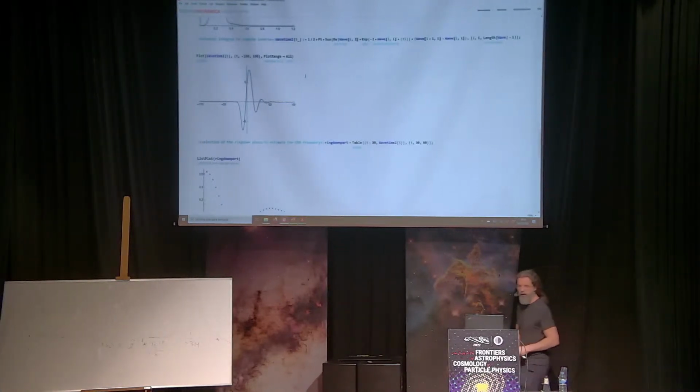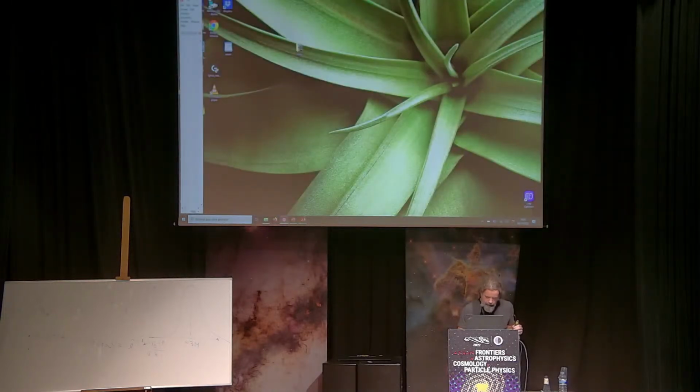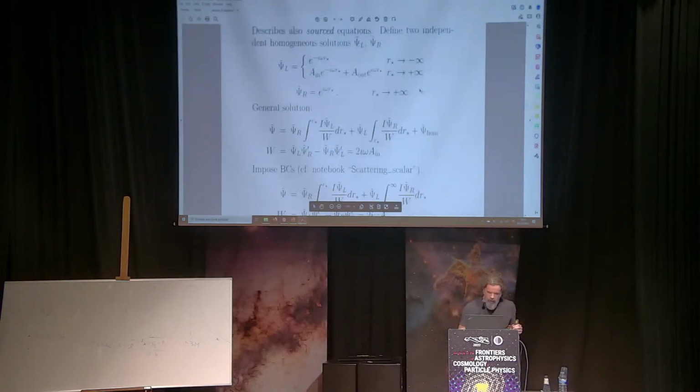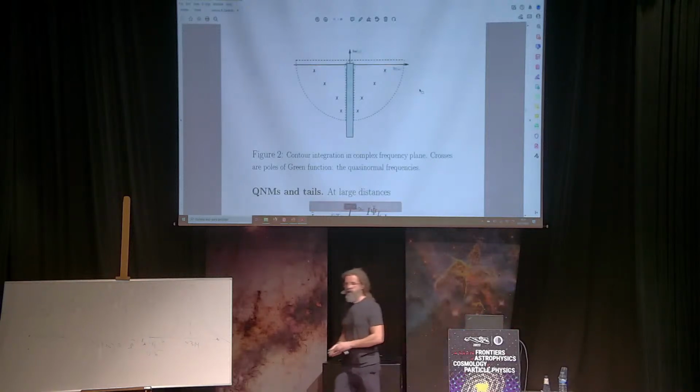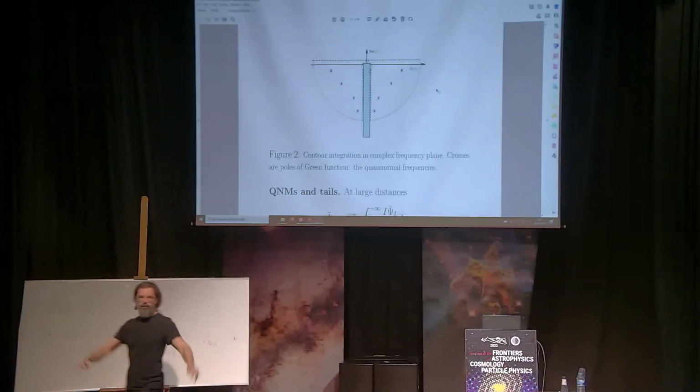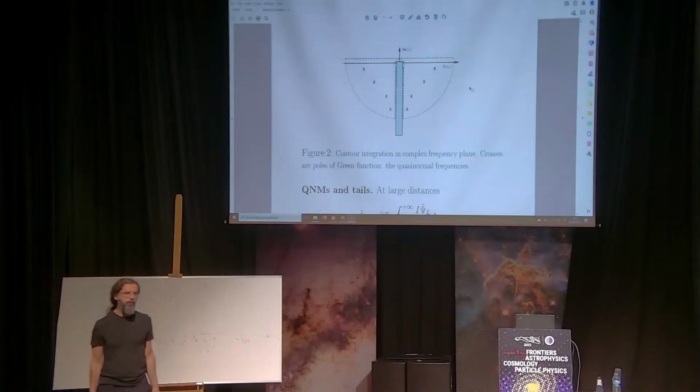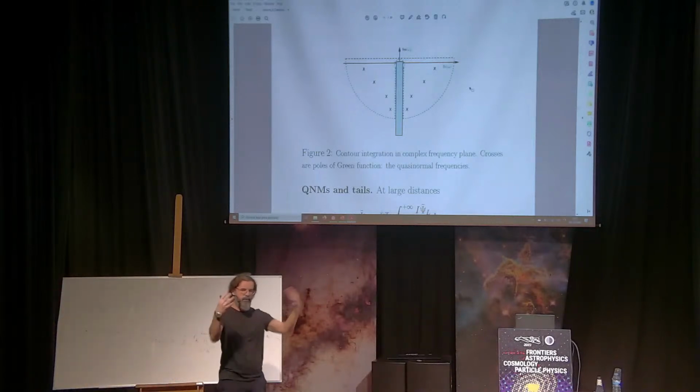This is the outcome of the numerics, so we can try to understand this a bit better, by actually trying to do ourselves the integral. So remember, the way this goes is you calculate the response in the frequency domain, and then you need to invert back. And there's two ways.